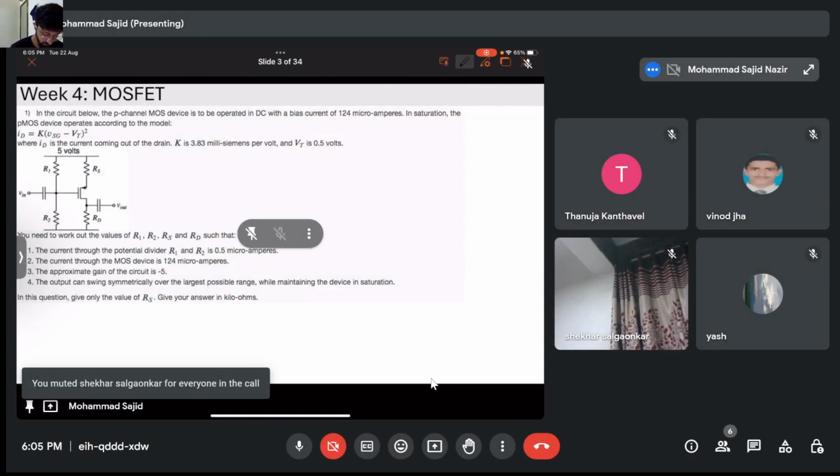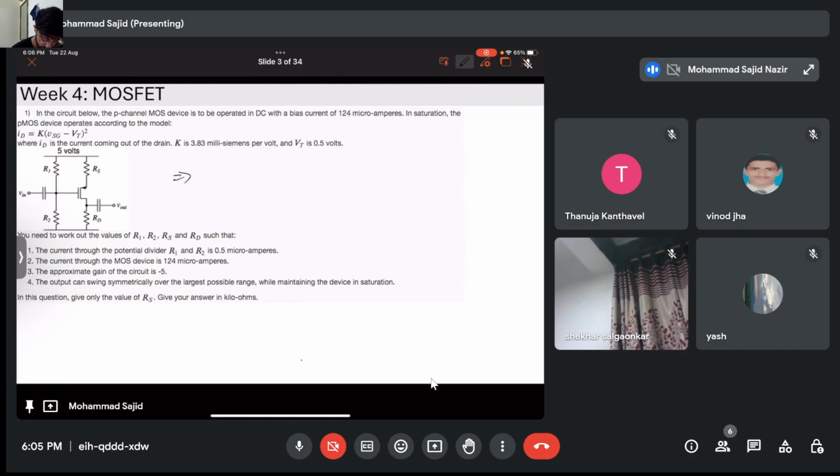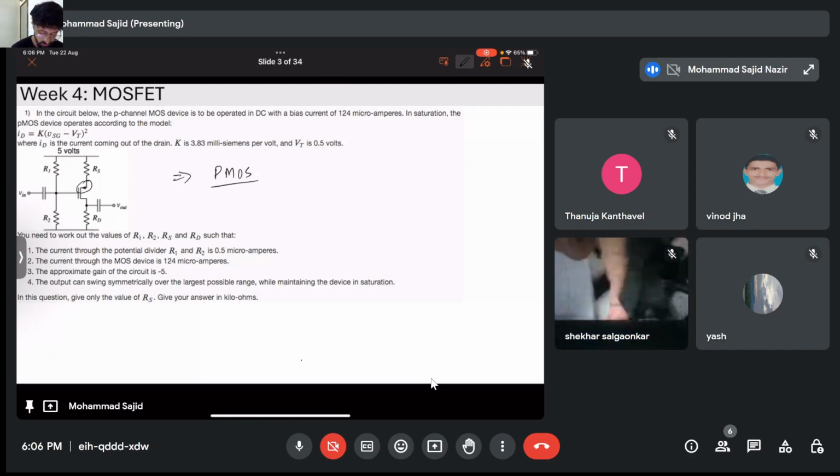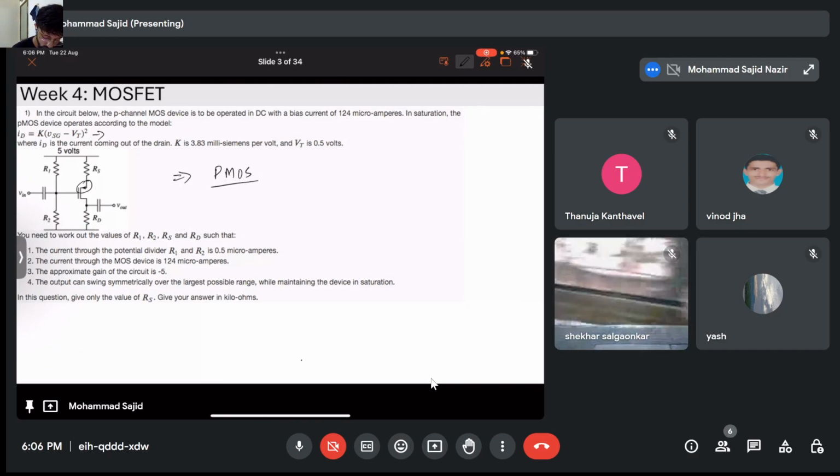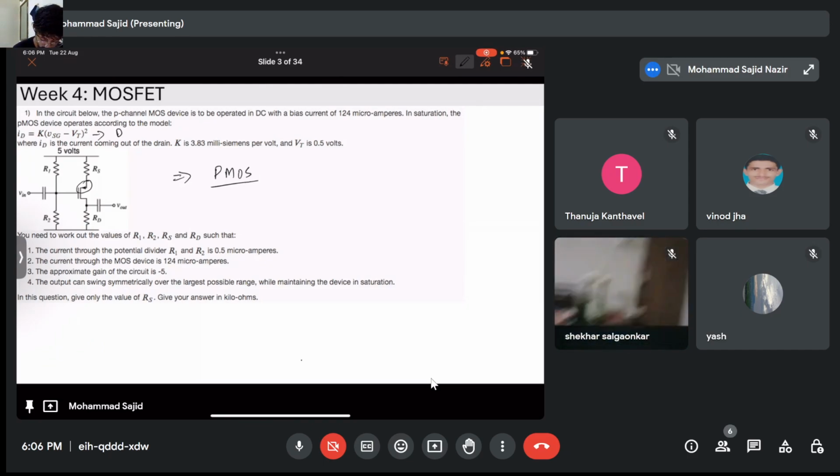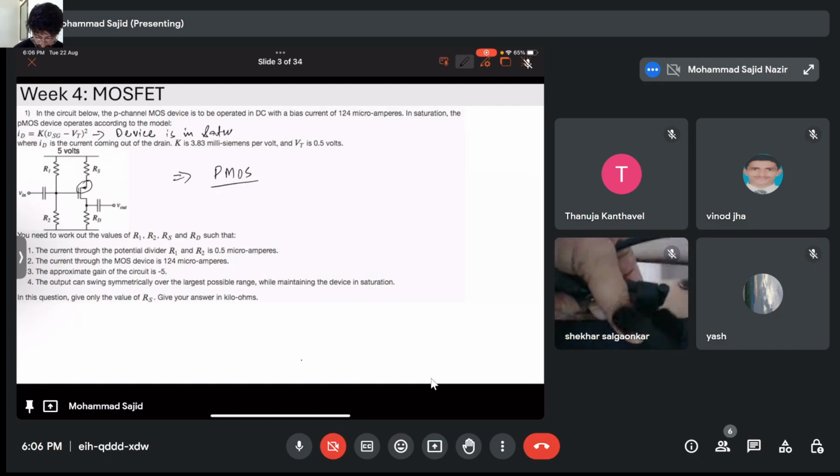Okay, so in this question we have been given a lot of details. First thing first, this is a PMOS, right? As we can see from the description given in the schematic. And we are given this current equation, which holds when the device is in saturation.